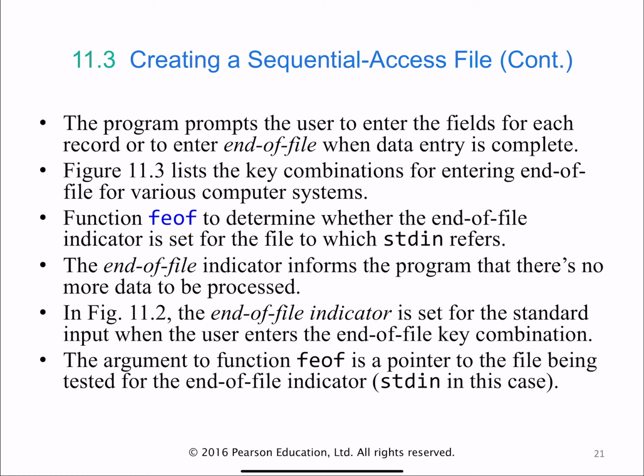And we saw that the program prompts the user to enter each field of one record at a time, or to enter the end of file character, Control Z in the case of Windows. The end of file character is basically used to signal to the program that there's no more data to be processed. And like I said, this is something that is OS dependent.